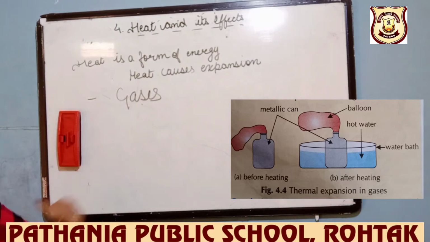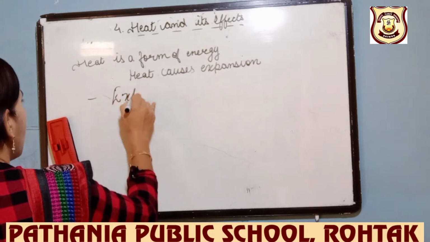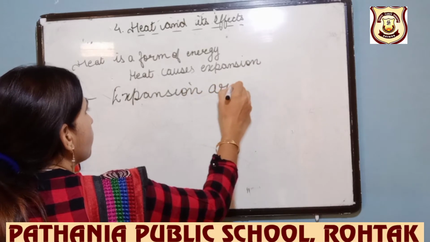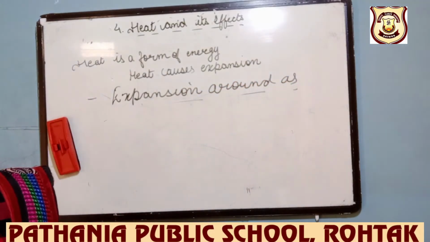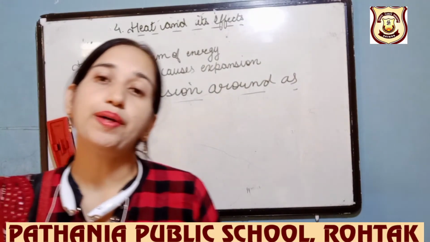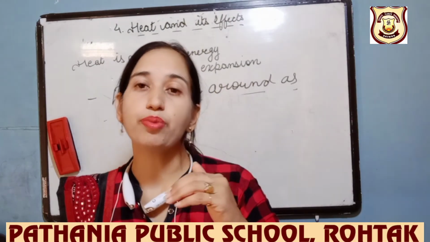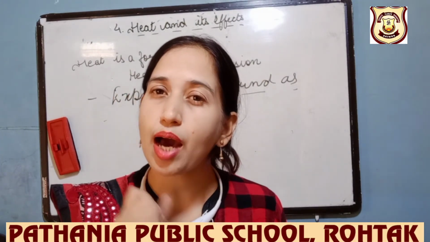Okay, next, expansions around us we can look at, beta. Many expansions take place around us. We can take the example of a bridge, an iron bridge. You see that the iron bridges have a little gap between them.